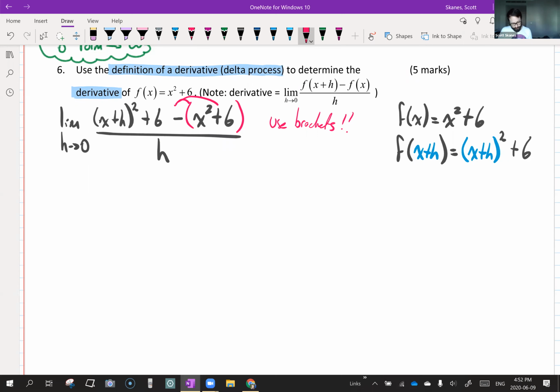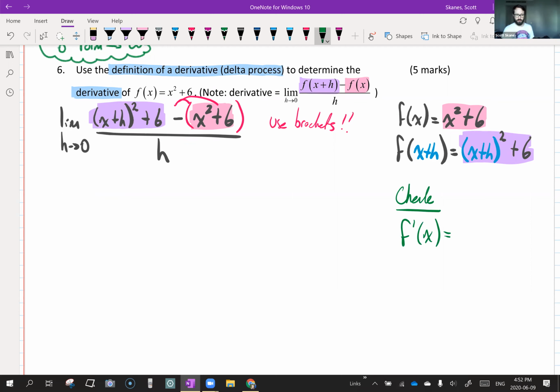Speaking of which, let me show you this. Our first function, f of x plus h, is of course this, which is why I wrote it here. Our second function, f of x, is this, which is why I wrote it here. So hopefully you can match the form. What is my answer going to be? What is my final answer?